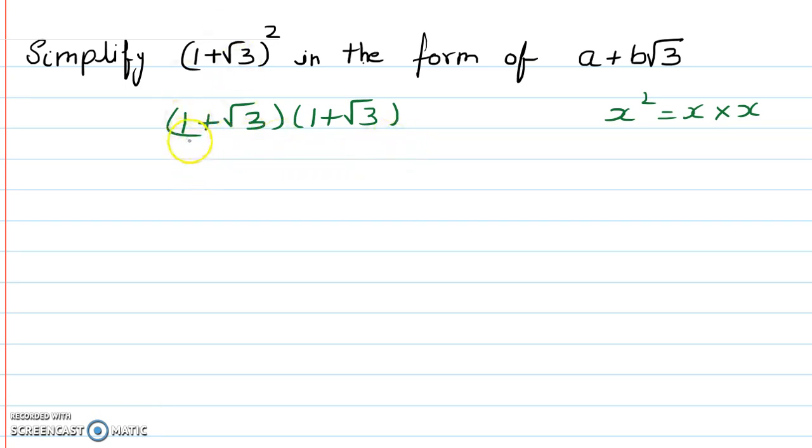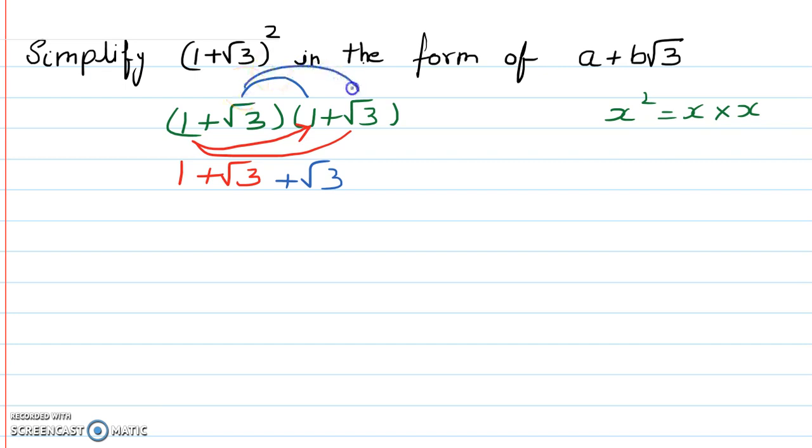Now multiply: 1 times 1 is 1. 1 times root 3 is root 3. Root 3 times 1 is root 3. And root 3 times root 3 is 3. So if you simplify this, 1 and 3 becomes 4, root 3 and root 3 becomes 2 root 3. So 4 plus 2 root 3.